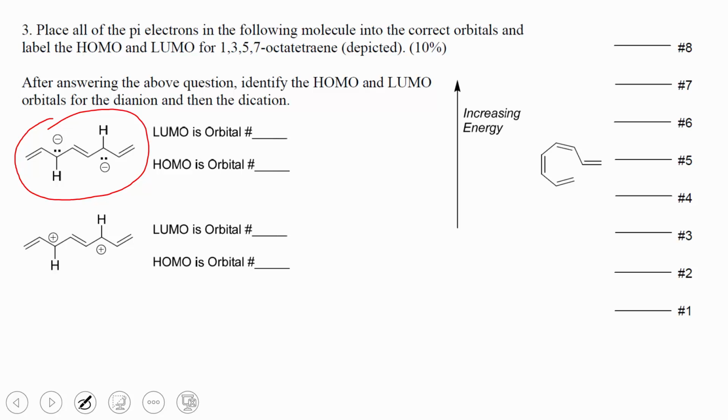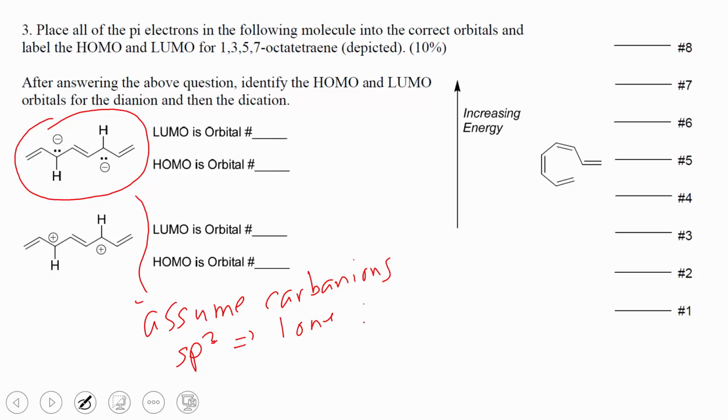It tells us here that we're going to assume that the carbanions are sp2 with the lone pair in a p orbital. Thus the lone pair electrons are going to be conjugating. They're going to be part of the pi system.